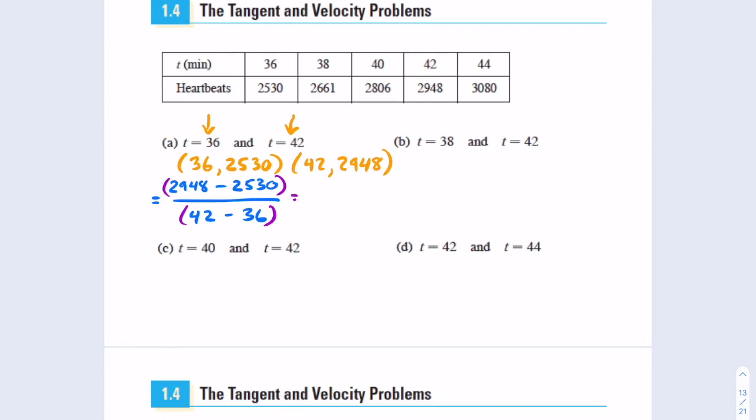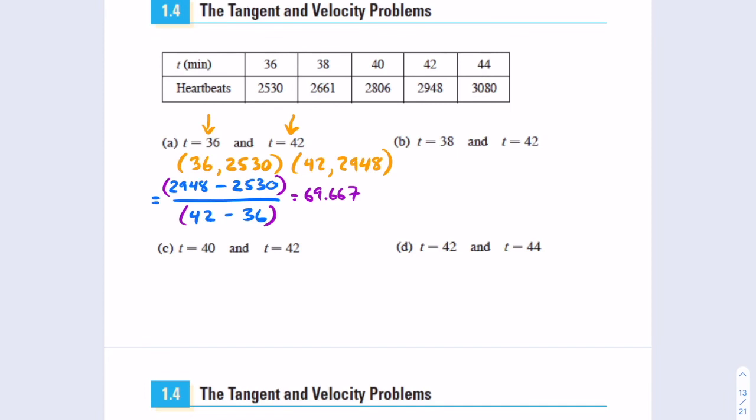Let me do this here. 2948 minus 2530 divided by the 6. So you should have gotten about 69.667. If you didn't get that, you probably either mistyped a number or you didn't include the parentheses.